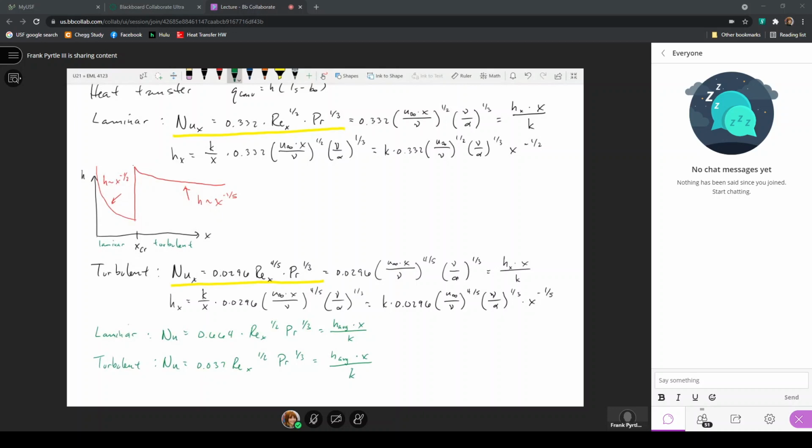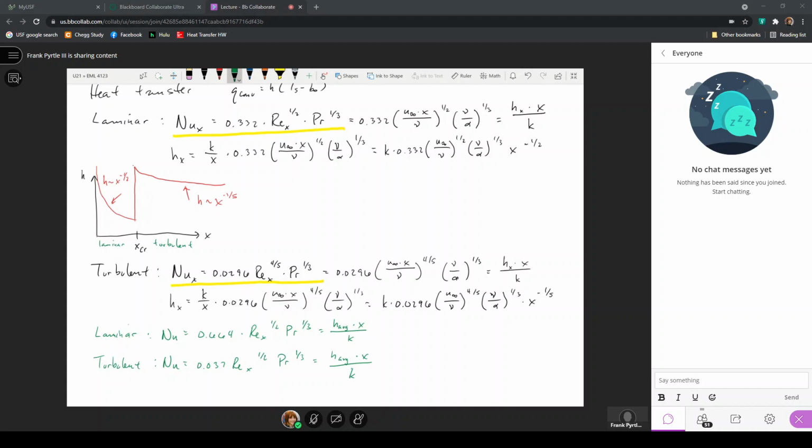Now, this expression for the turbulent flow condition, because the turbulent flow condition does not begin at the leading edge, there's a laminar flow condition. Depending on what the flow conditions are, the laminar region can be really long or really short, but this expression is only valid for the condition where it's actually turbulent flow.